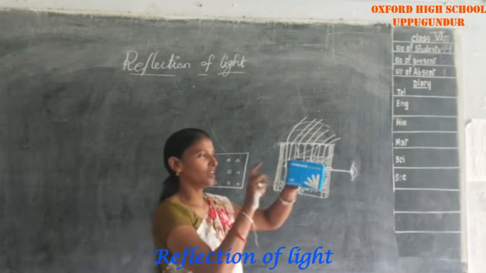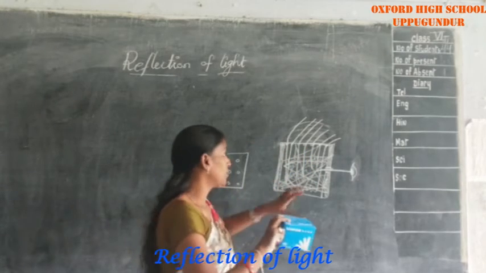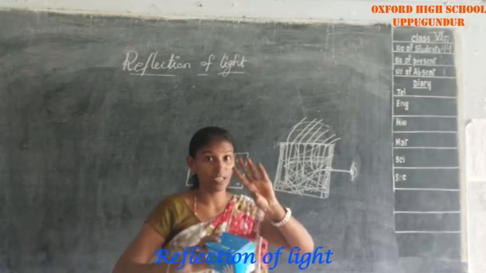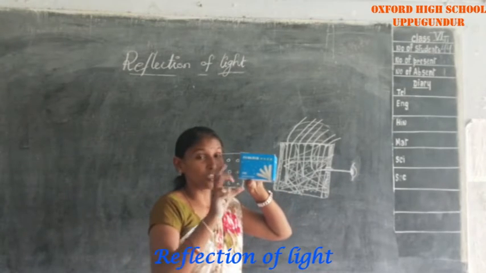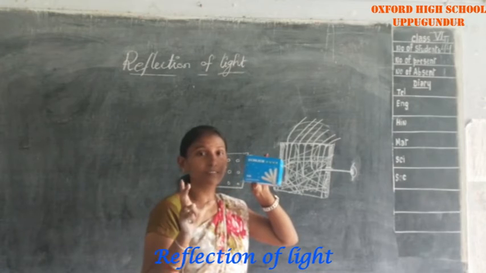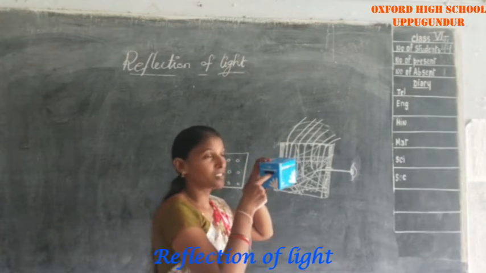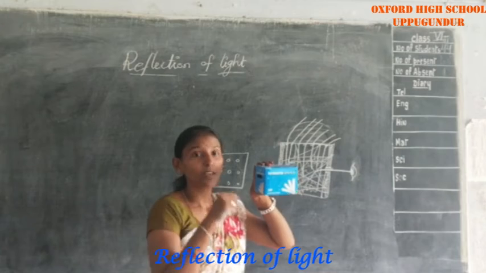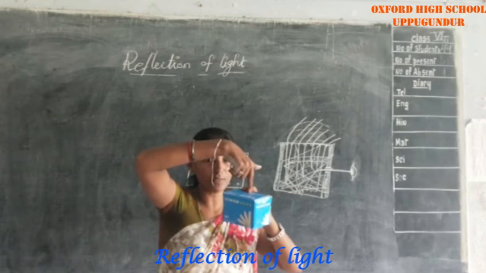Just you are observing the inside of the box. So, but here using 5 flowers only, but you are observing the inside of the box, so many flowers are present. That is, you are observing a garden, a flower garden, inside of the box. Why? Because that light is falling on it and reflected to the inside of the box.